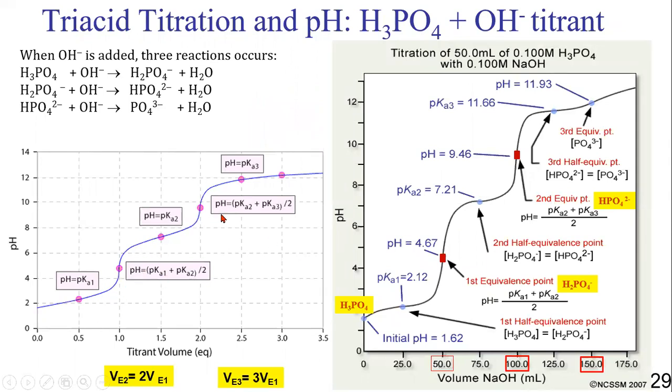This is what the real curve actually looks like for particularly H3PO4. So if I look at H3PO4 and I'm looking at its titration curve, that's what it looks like. There you go, that's it. If you look at it, it looks to me as if there's only two jumps in the pH.